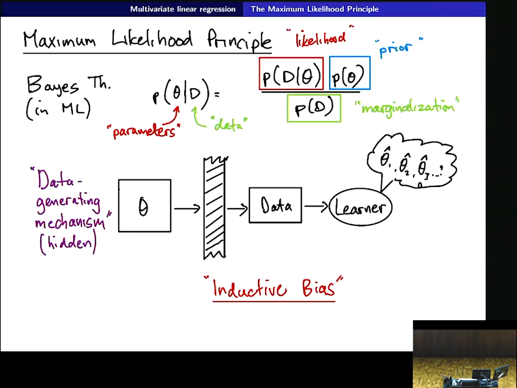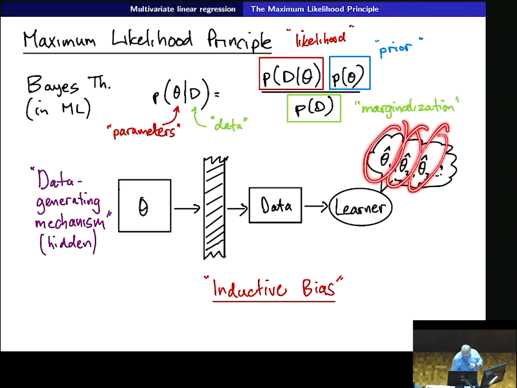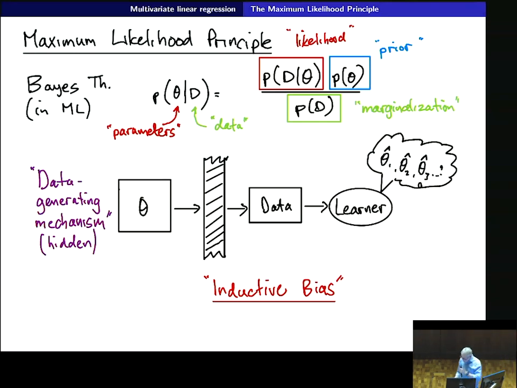Let me try and predict on the basis of the likelihood principle what those parameters are. And if it's doing gradient descent, it's coming up with successive approximations. I've written them here as theta hat 1, theta hat 2. This is supposed to be a process where it keeps guessing, maybe by gradient descent, or maybe it gets more and more data, or whatever it might be, what those parameters might be.